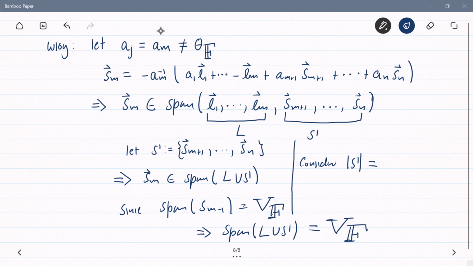Essentially, we are skipping one ahead, so it's n minus m, which is the same as the cardinality of S minus the cardinality of L. So this tells you something about the cardinality of S prime being the difference of these two sets. That should be interesting, or at least in the formalism part we can include that part.